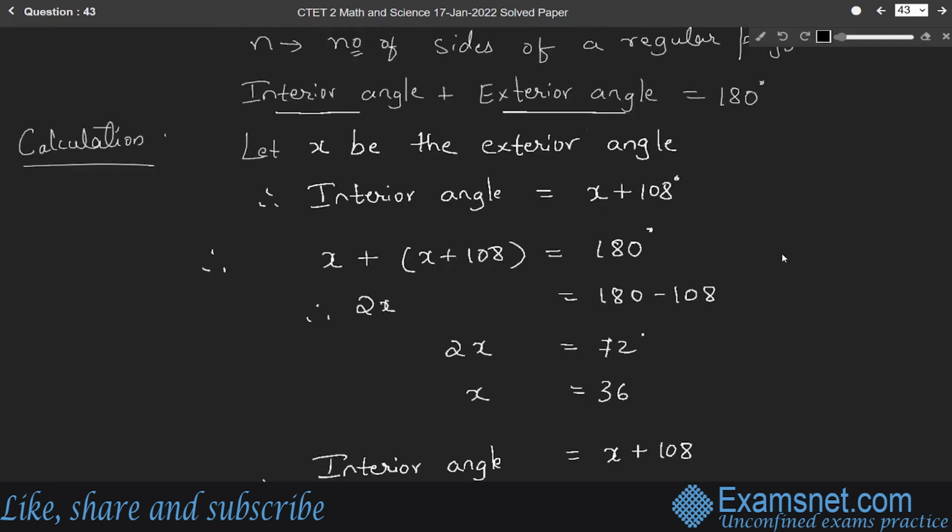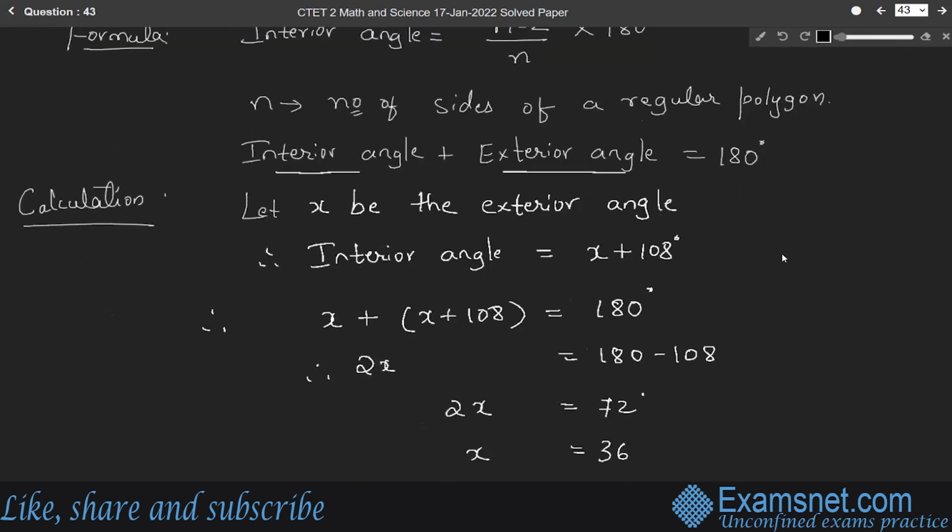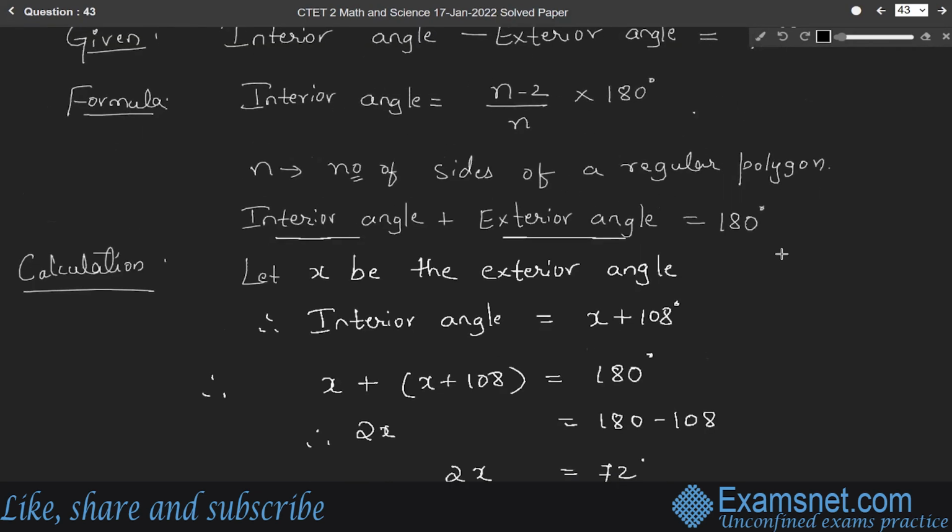Therefore, for the number of sides, from equation 1, the interior angle is equal to (n minus 2) by n into 180.